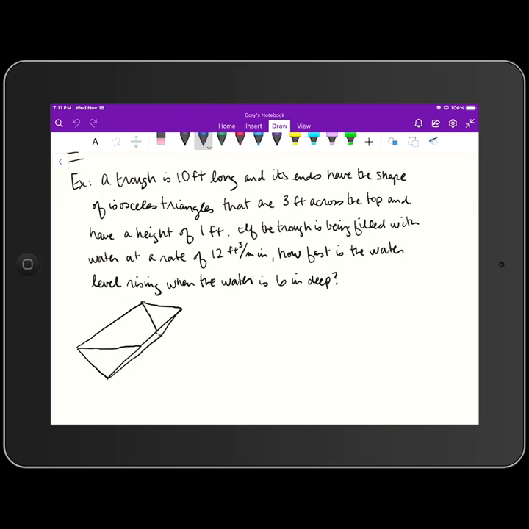Okay, so when it says we have a trough whose bases are isosceles triangles, that's like saying that we're looking at a triangular prism. So let's go ahead and list the information that we are given in the problem. We're told that the trough is 10 feet long, so that's going to make L equal 10.